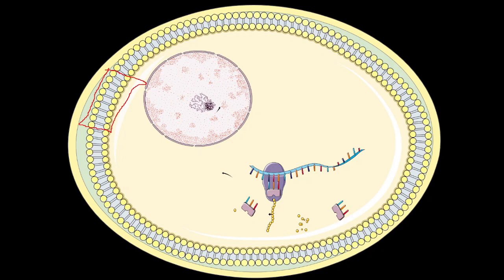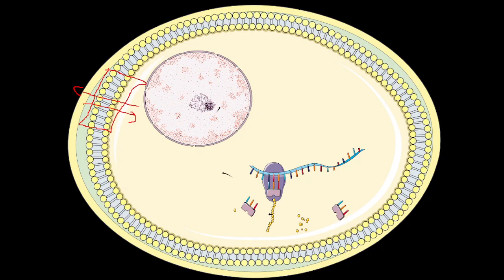If you make it more porous, electrolytes can go out of the cell and into the cell, and that can cause electrolyte imbalances, which can also be problematic for the bacterium. Then it can't function properly.